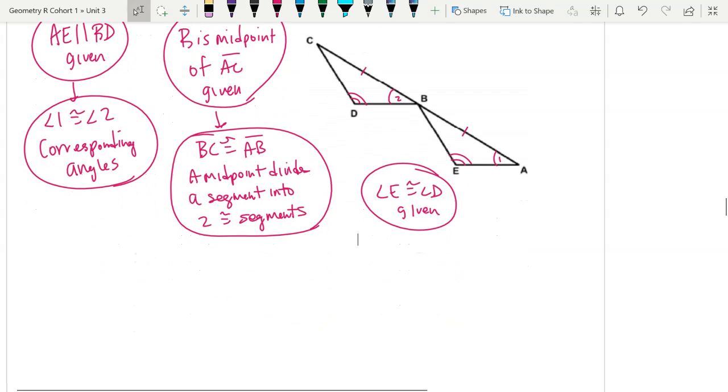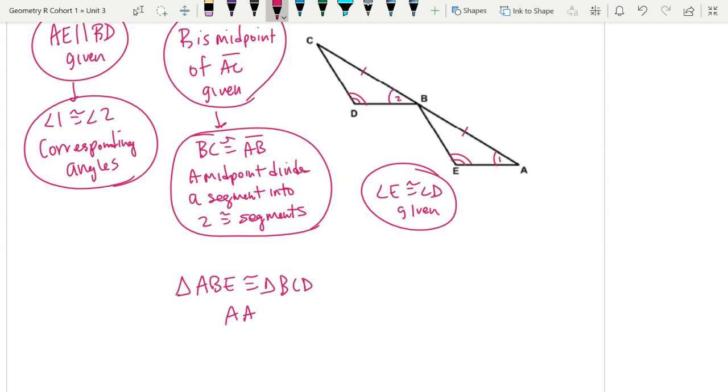After I put all of that, I can say that triangle ABE is congruent to triangle BCD by angle side. Now, your first job is always prove the triangles are congruent.